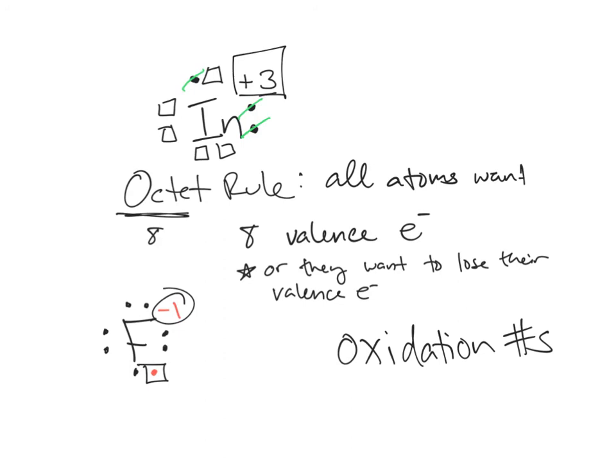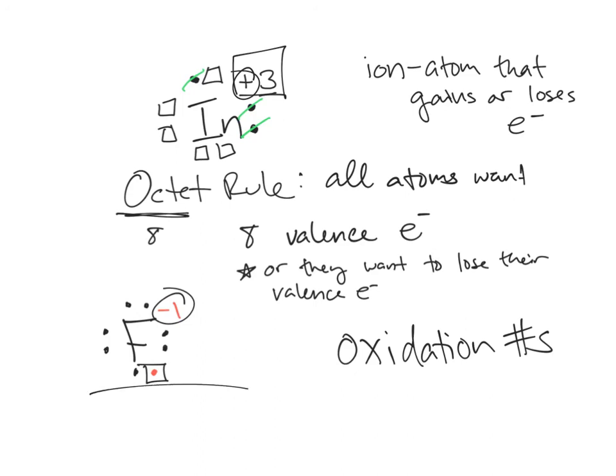Now, last little bit of vocabulary before I let you go is cation versus anion. Well, ions in general. So an ion is defined as an atom that gains or loses electrons. For example, indium here lost 3 electrons, got rid of them, and became positive. Fluorine became negative when it gained an electron.